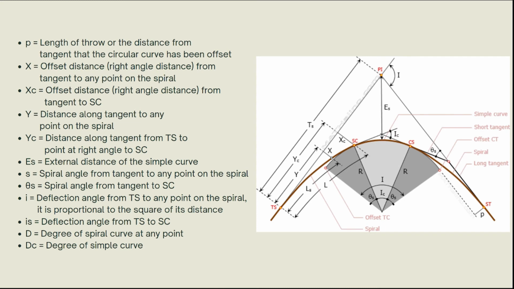ES stands for external distance of the simple curve, S for spiral angle from tangent to any point on the spiral, theta S for the spiral angle from tangent to SC, and I refers to the deflection angle from TS to any point on the spiral. IS refers to the deflection angle from TS to SC, D refers to the degree of spiral curve at any point, and DC refers to the degree of simple curve.